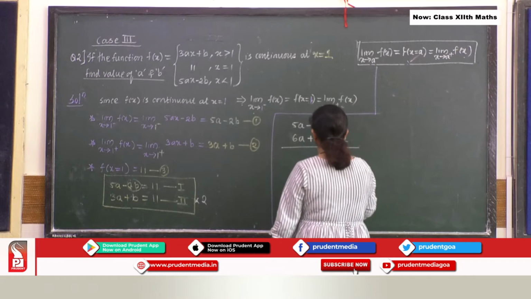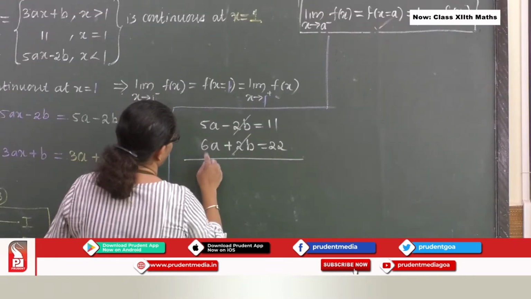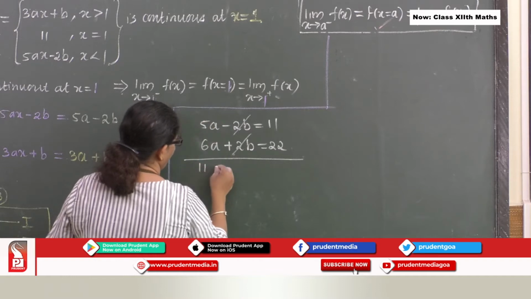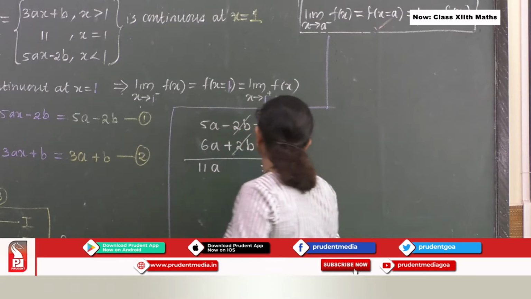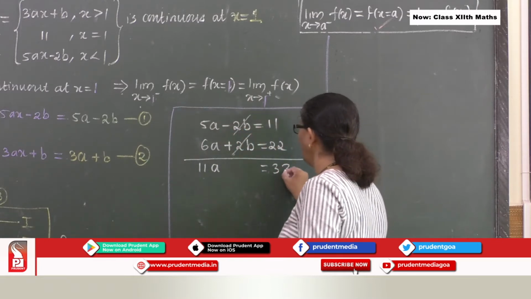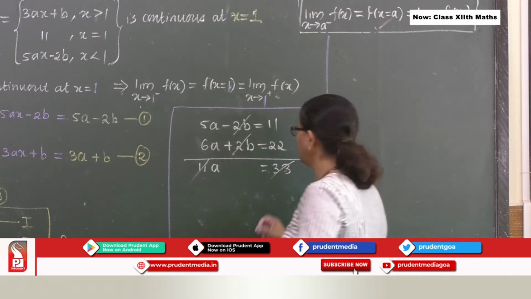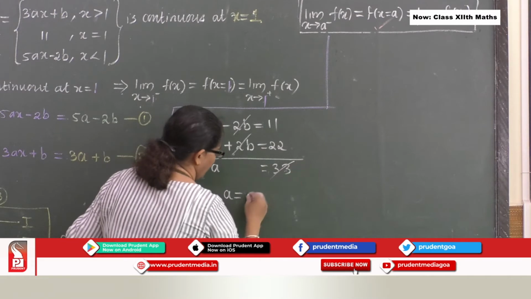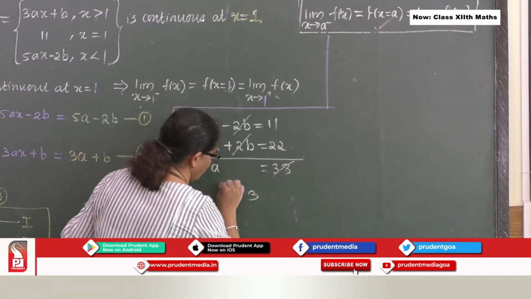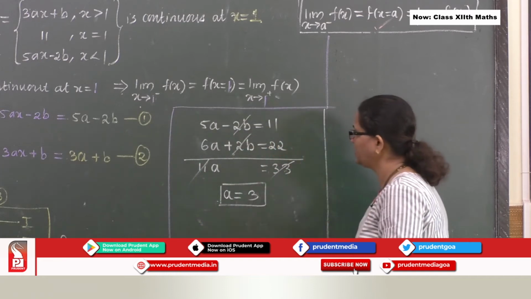So this and this get cancelled. I will get 6 plus 5, that is 11a, equal to 33. So 11 ones are 11, 11 threes are 33. So I am getting a equals 3.